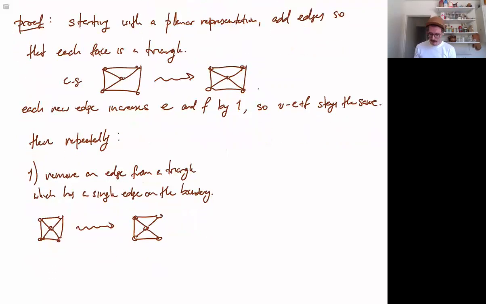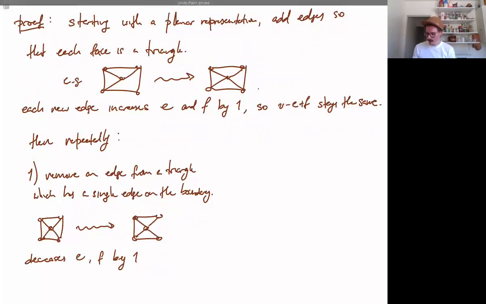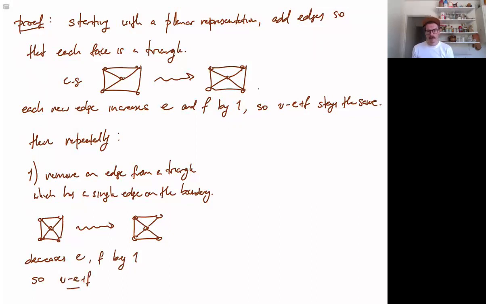And what does this do? This decreases E by 1 because we're deleting an edge, and it decreases F by 1 because we are taking 2 faces and joining them into 1 face. So again, V minus E plus F, since we're adding 1 here and subtracting 1 here, stays the same.